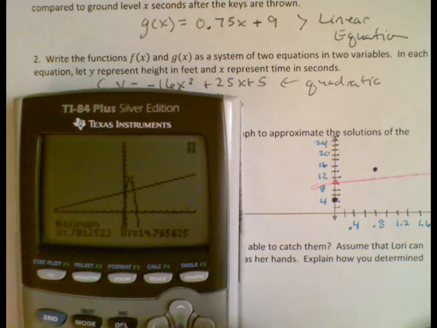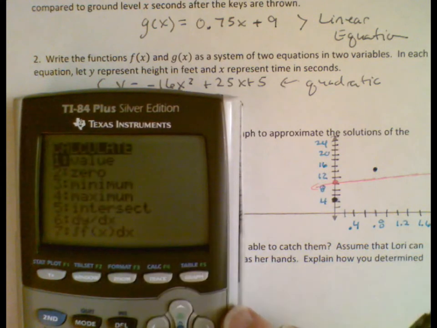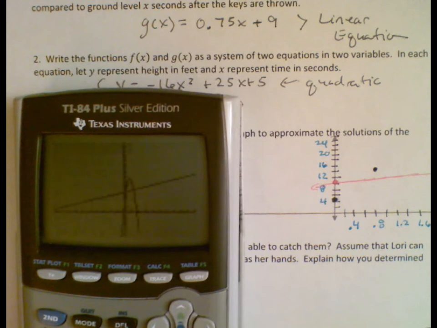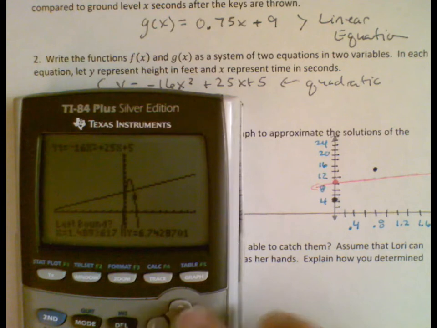So if I hit second trace, and I want a zero, come down here, go left bound, which is right here, right bound, and then enter a guess.